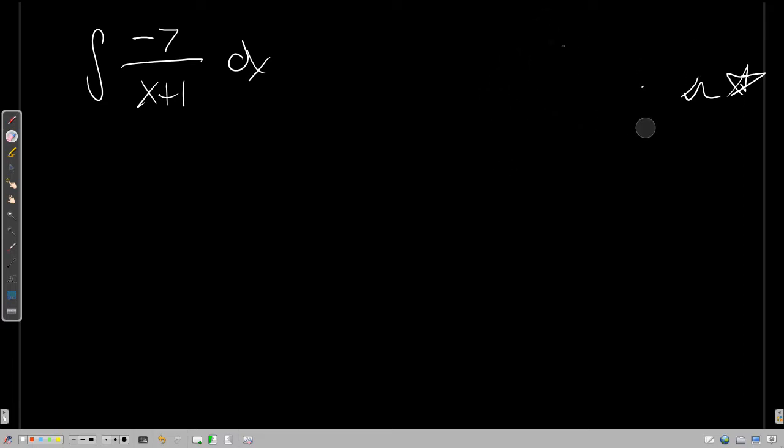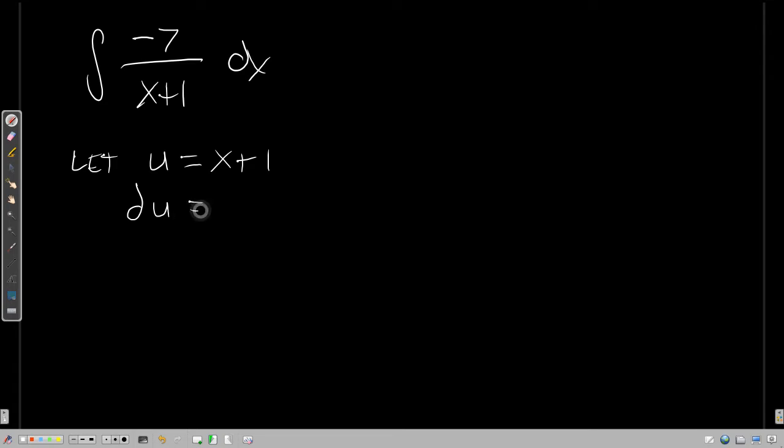Don't get married to the x, it's just a number, then you can say something like, let this other symbol be that denominator, so that the differential of that symbol is just the differential of this other side.